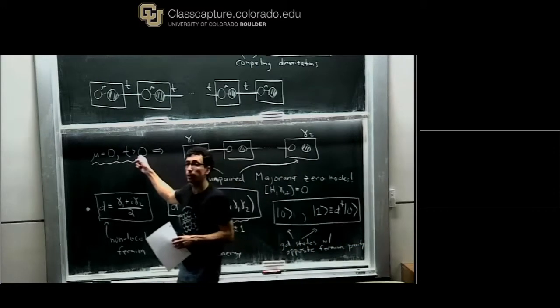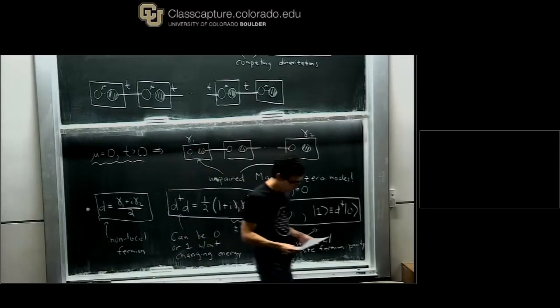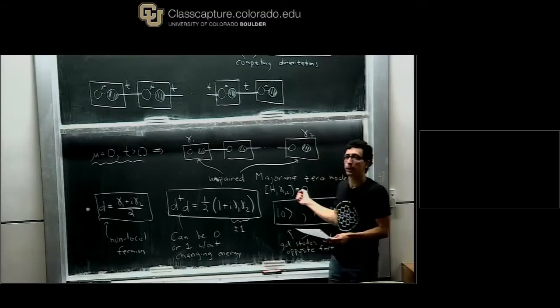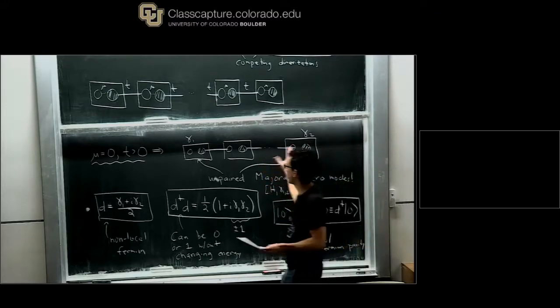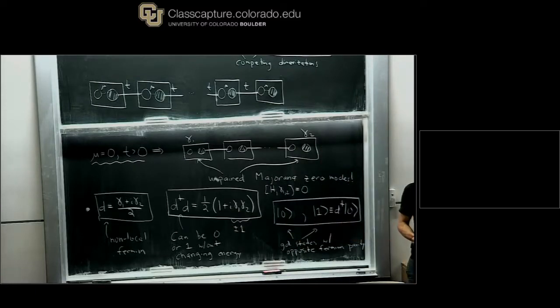Whether t is plus or minus, it makes no difference. Yeah, you can check. The structure of the ground states will change somewhat, but the existence of zero modes and the fact that the bulk is gapped, that doesn't matter. Okay, any other questions? All right.